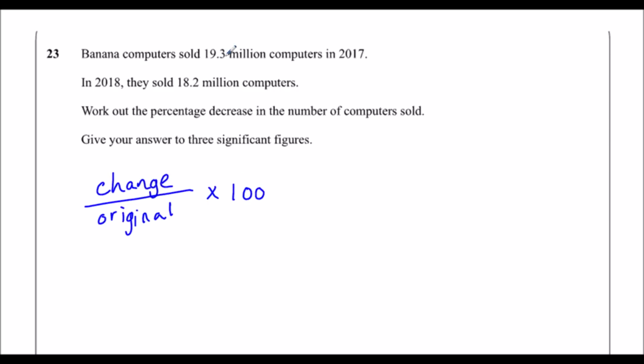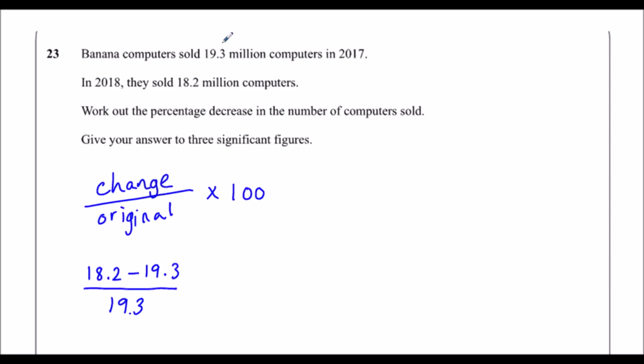It's gone from 19.3 to 18.2. So it's gone down by whatever this is: 18.2 take away 19.3. Divide that by the original, which was 19.3. That's what we started with.